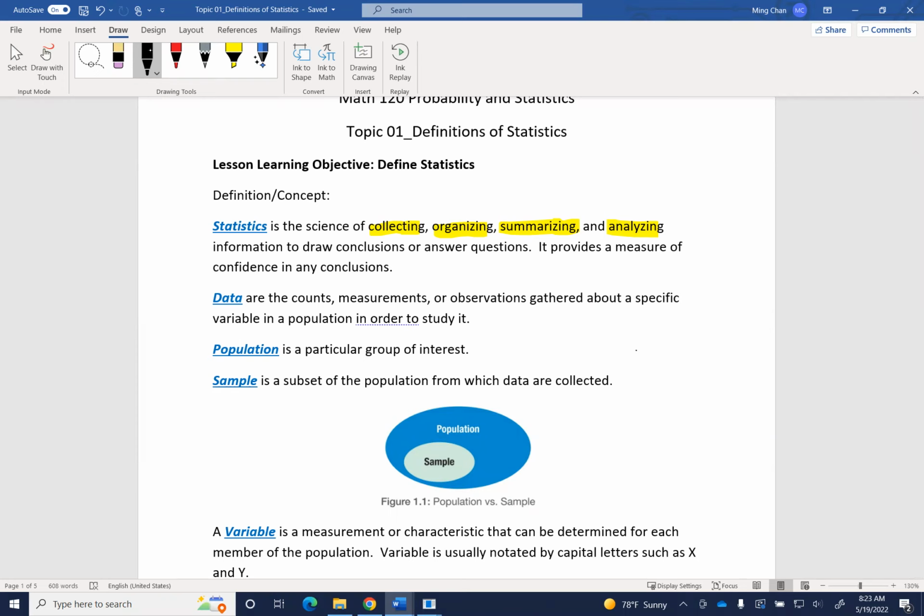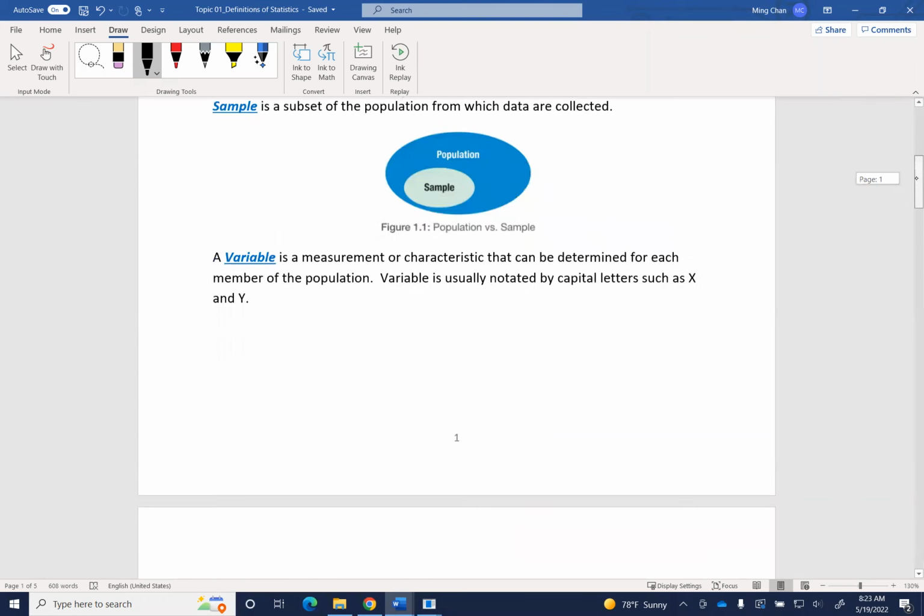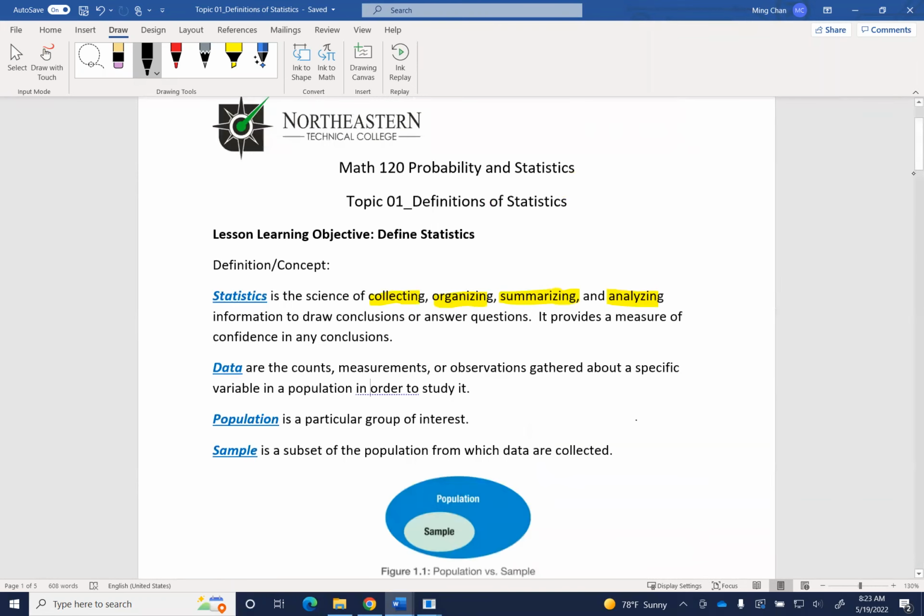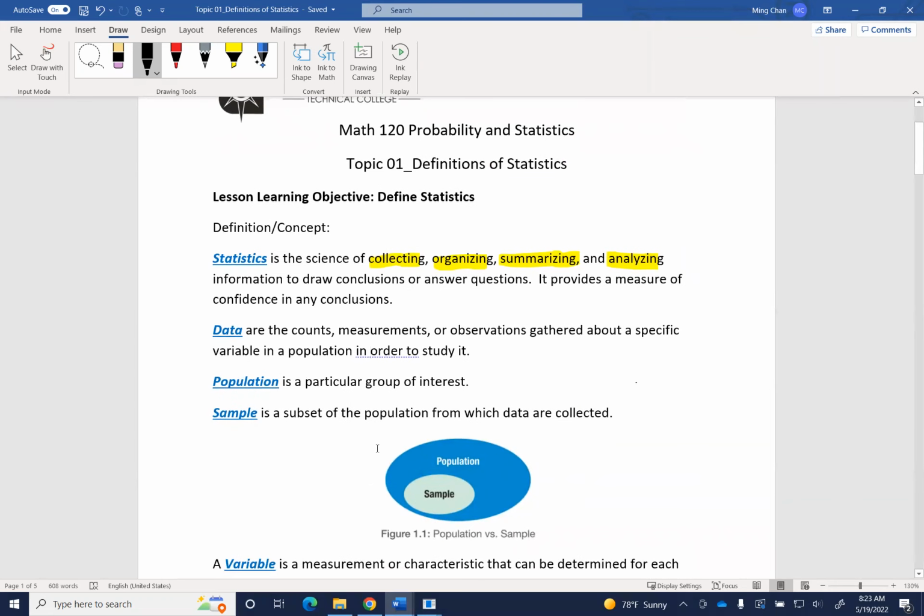So here in my diagram, population is what we're trying to study. It's a group of interest. A sample is simply a subset of the population in which the data are being collected. It is almost impossible to collect data from the entire population, because the population can be so large.